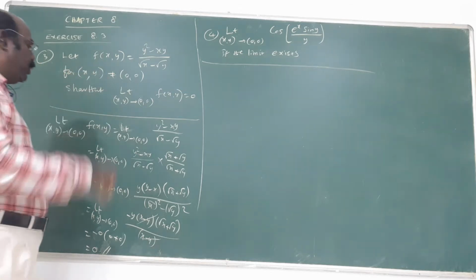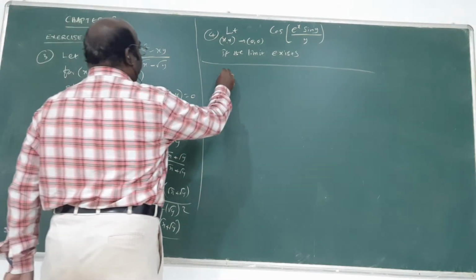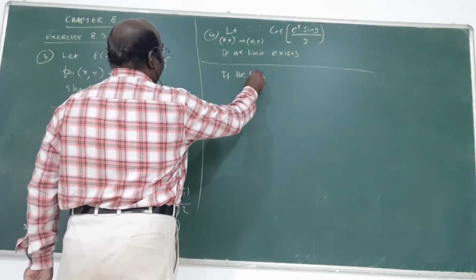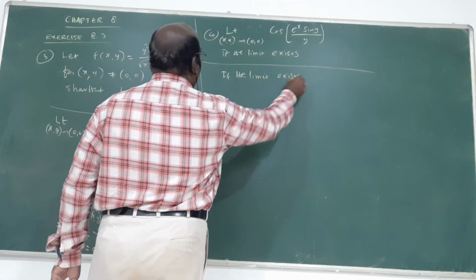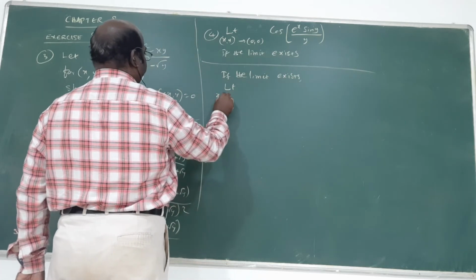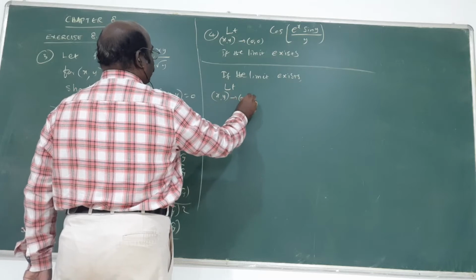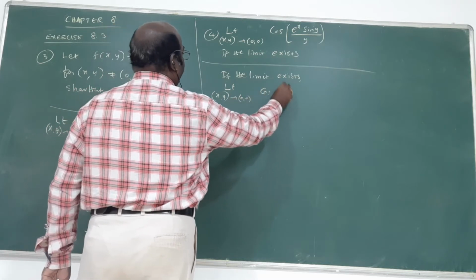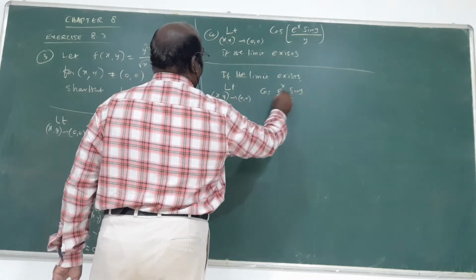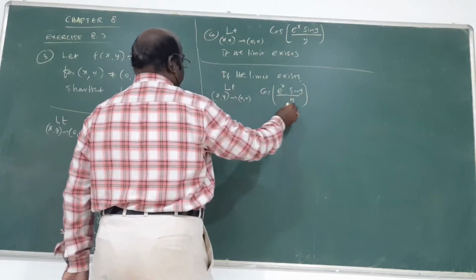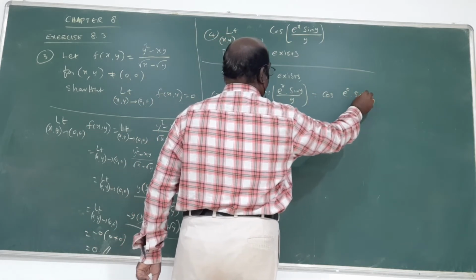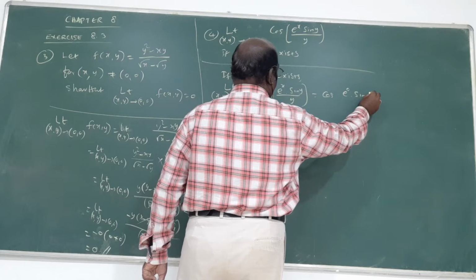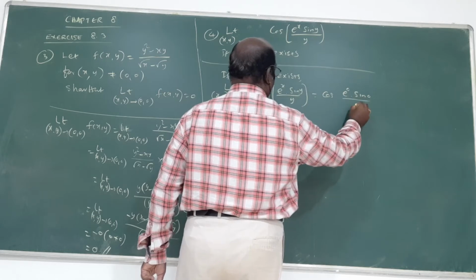One more same question. The limits are applied. Limits exist. Already given, but actually apply the limit: limit of cos of e power x sin y by y. Replace x by 0 and y by 0: cos of e power 0 sin 0 by 0.